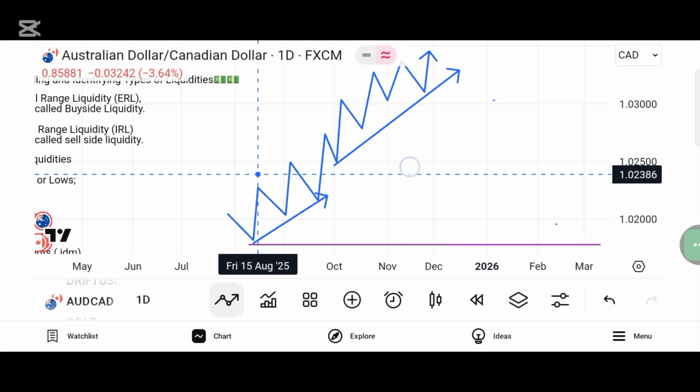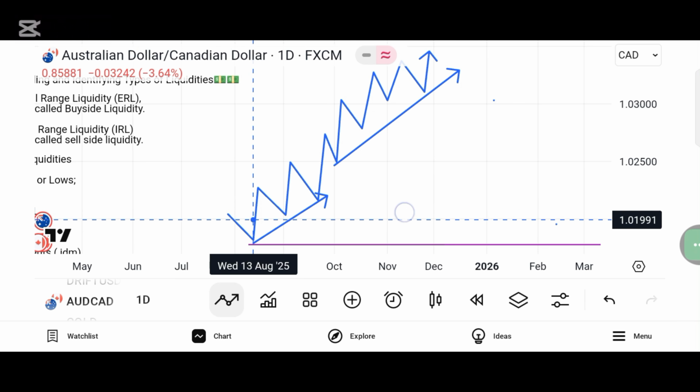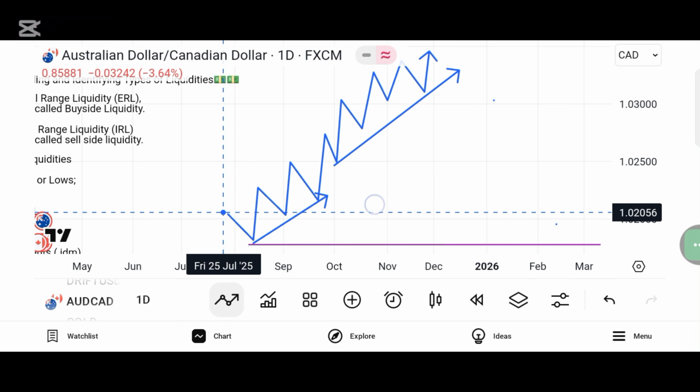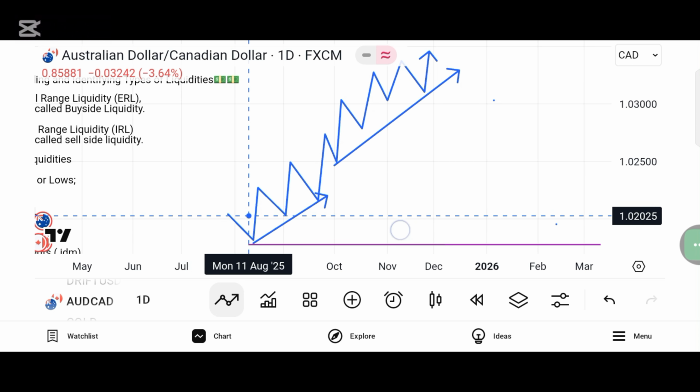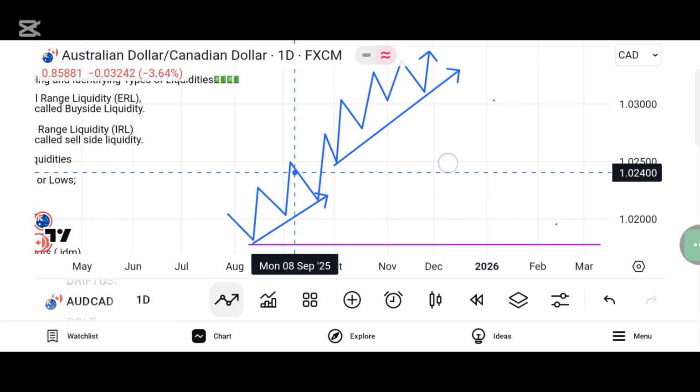When price is going out, it's taking out external liquidity from old highs. That's the buy side liquidity, where you have your buy orders around the old bullish order block or bearish order block. You understand what I'm saying. So price is pushing up for external liquidity, coming in for internal liquidity, pushing up like that in that range.